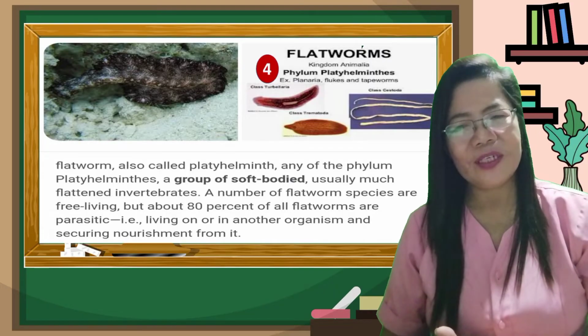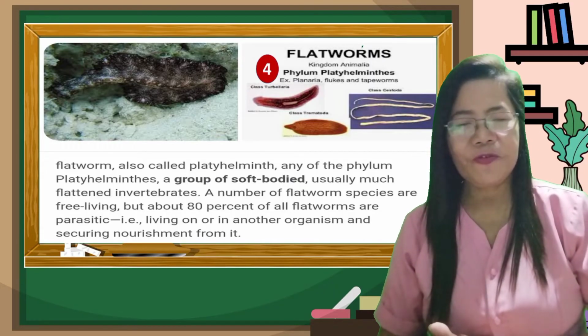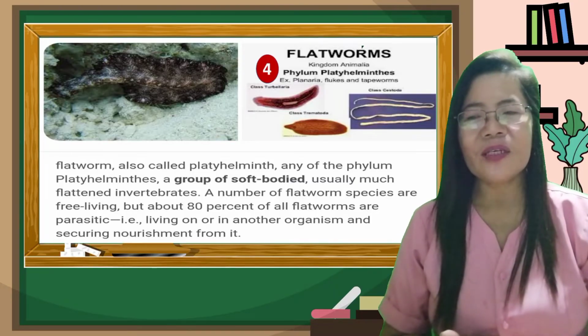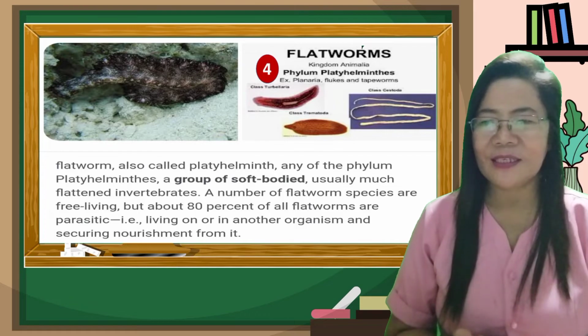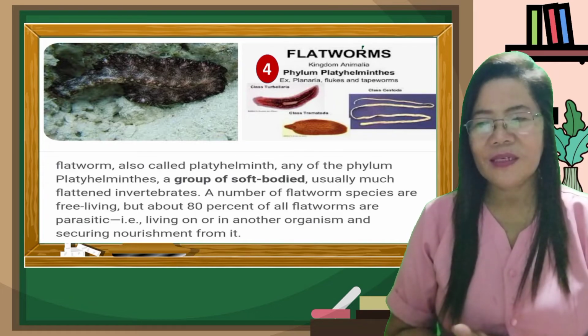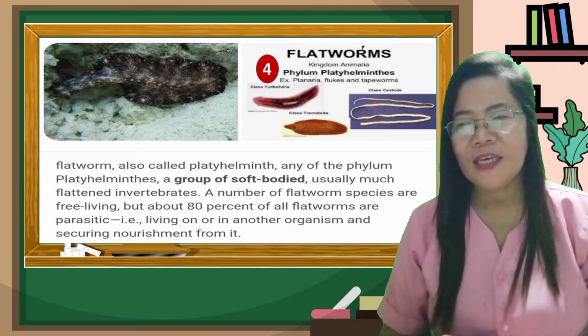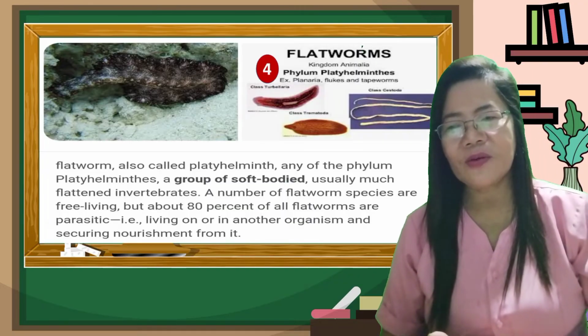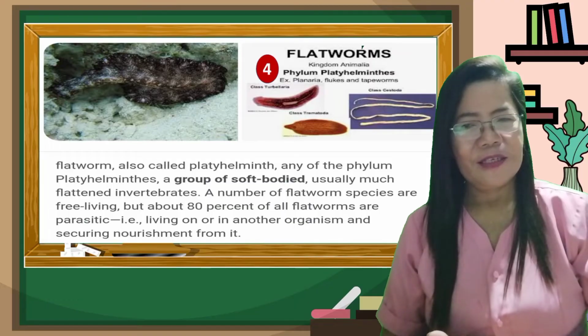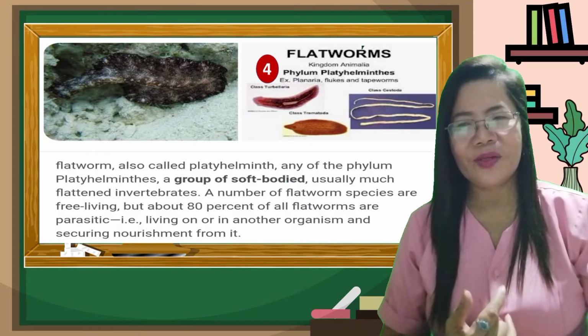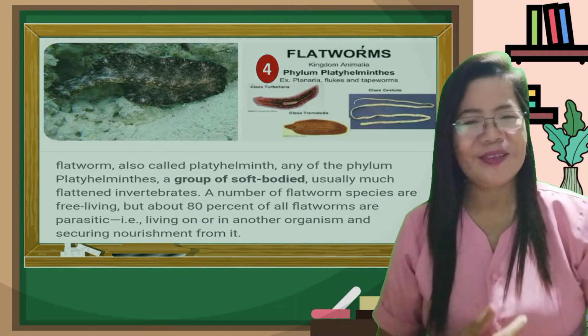A number of flatworm species are free-living, but about 80% of all flatworms are parasites, living on or in another organism and securing nourishment from it. So, see the examples of flatworms.